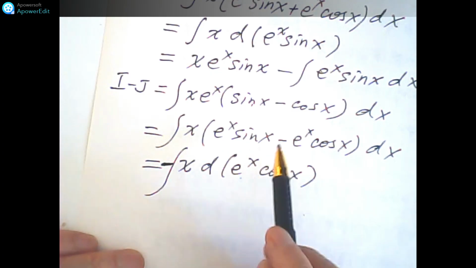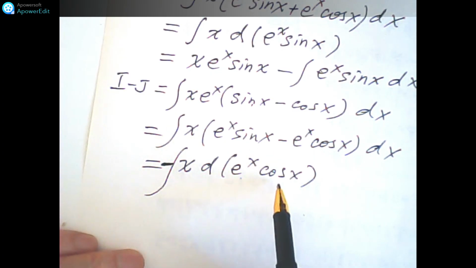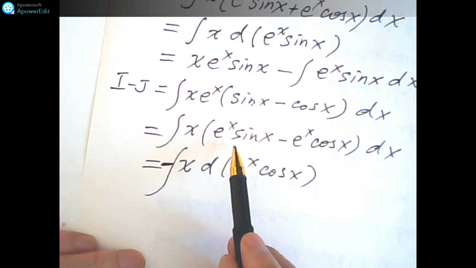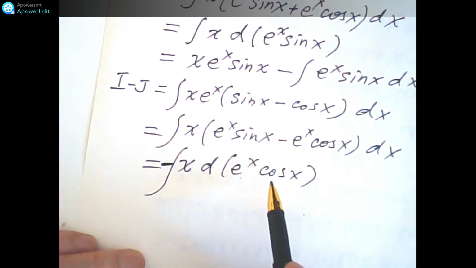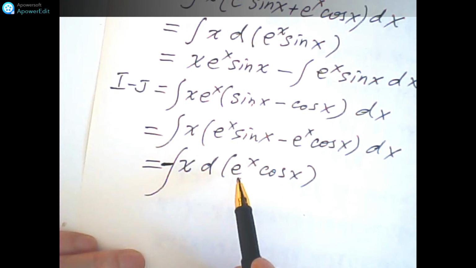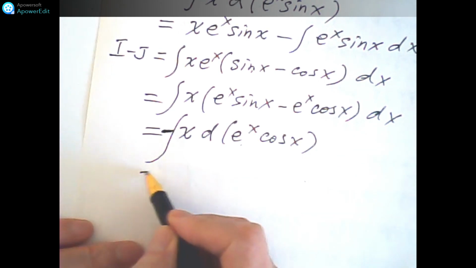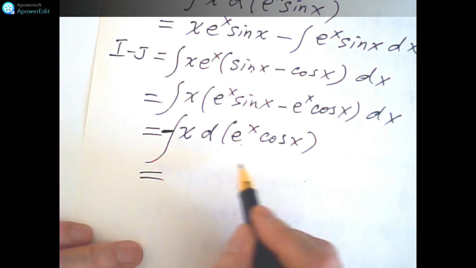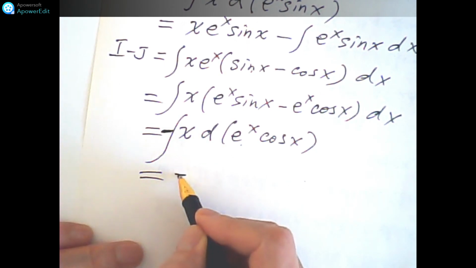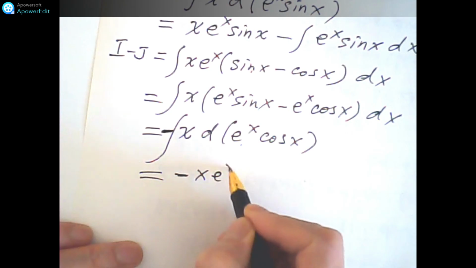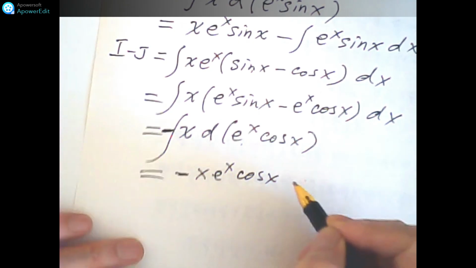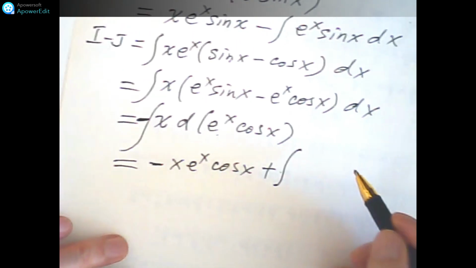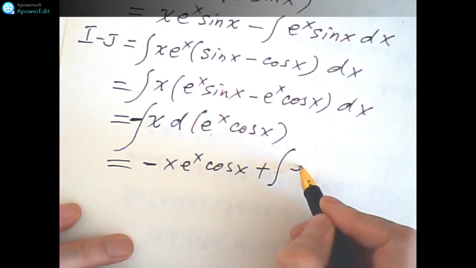Let me check it again. This derivative times this one is a negative sign plus this derivative times this one. Yeah, it's correct. Now then by parts, this is negative x e^x cosine x plus the integral of v du, right?